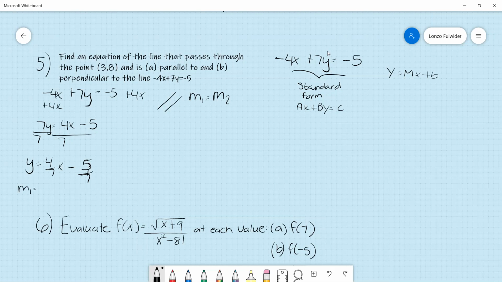Our m1, or slope of this equation, is just 4/7, right? So our m2 must be 4/7 as well, but the only difference is our b is going to be a little bit different. So it's going to be y equals 4/7x plus b. Now, how to find b? Remember, they give us a point, (3, 8), right?